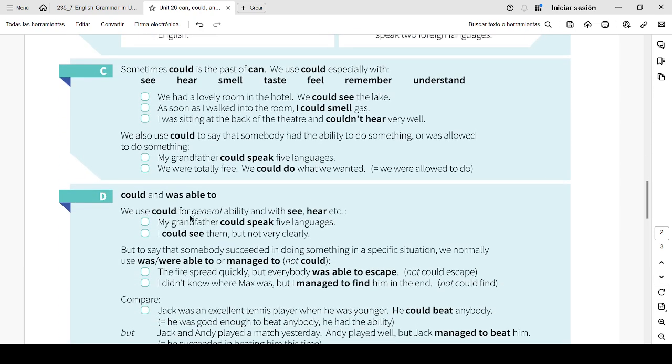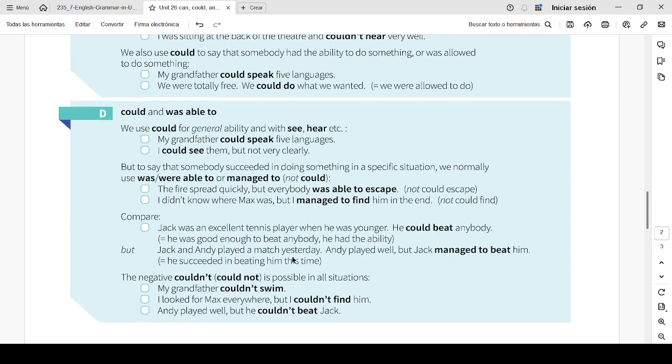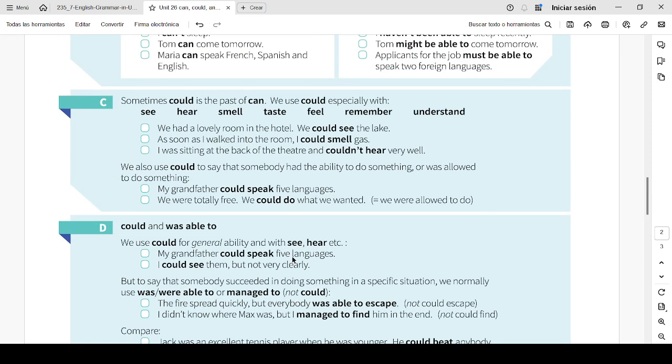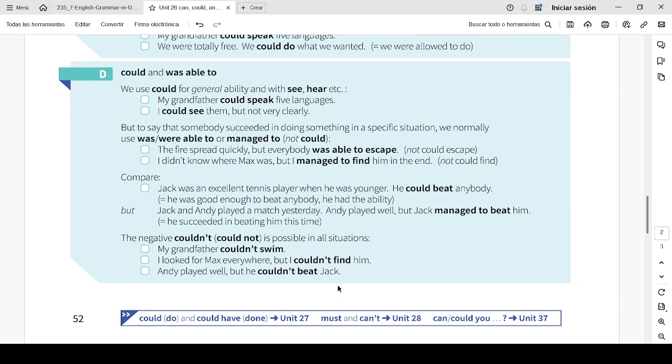General ability, and somebody's success in doing something, right? That's exactly my point. But remember, in the negative we use couldn't, right? It doesn't matter if you're trying to express ability or somebody's success in doing something.